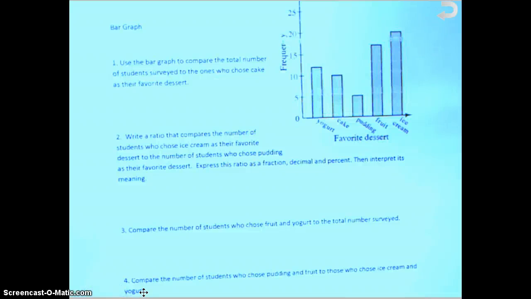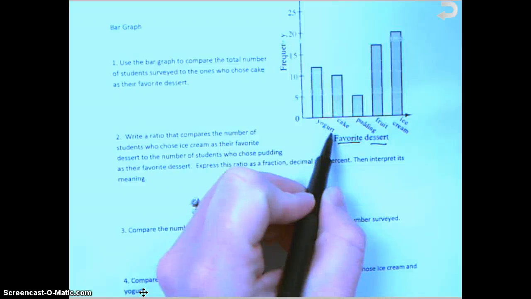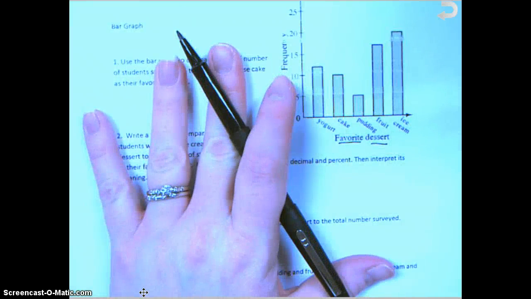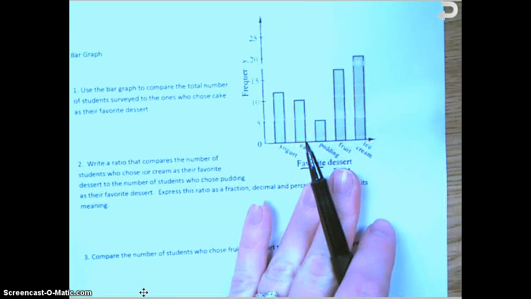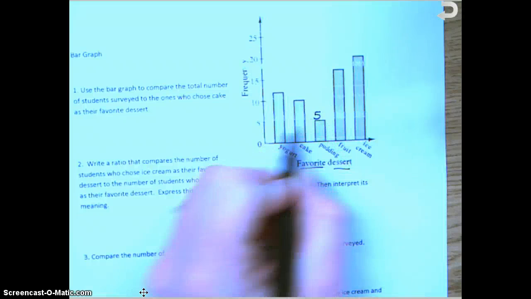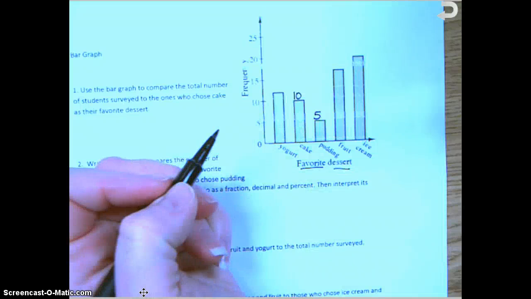So once again, bar graphs are used to compare categories. Here your categories are the favorite dessert. So it could be yogurt, cake, pudding, fruit, ice cream. Before I even look at the questions, what I'm going to do is analyze my bar graph. So right here, I know 5 people chose pudding. I'm going to look for those easy ones. 10 people chose cake.